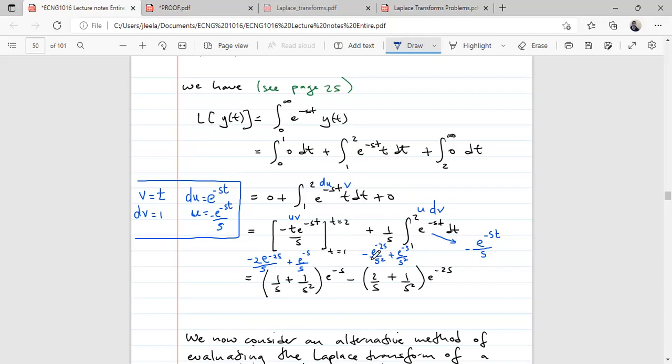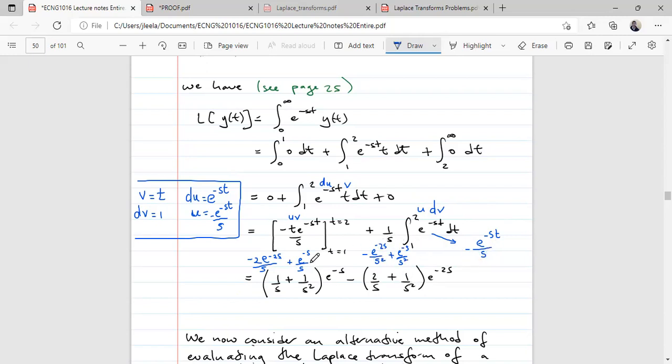So that will be s squared. So minus e to the minus 2s over s squared. And then I'm subtracting this here with 1. So a minus will give me a plus e to the minus s over s by another s on the outside, which is s squared.